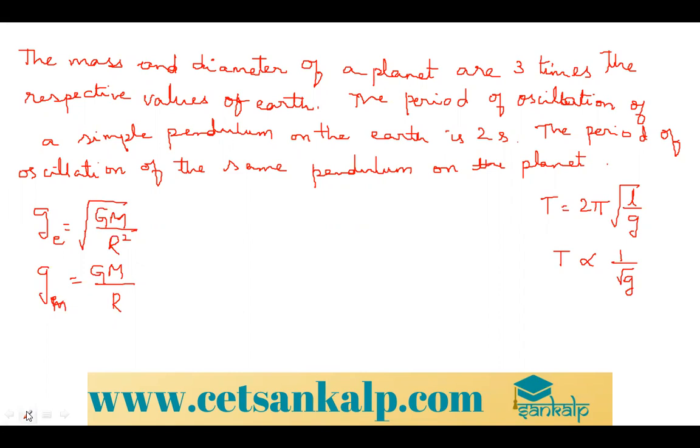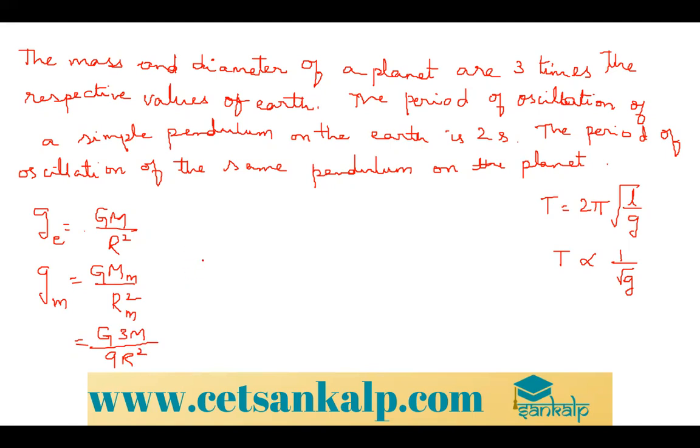One second. So I'm going to write this with mass also, right? This is also M R square. So you can say diameter and radius are directly proportional. So I can write this as G into 3M divided by 9R square. Correct.